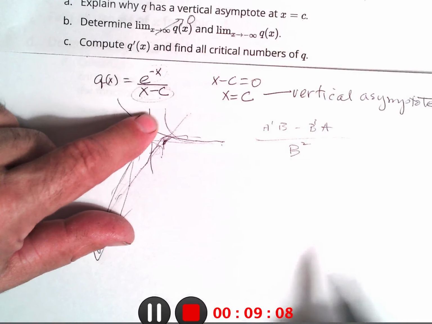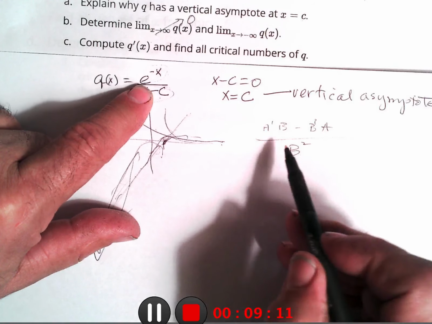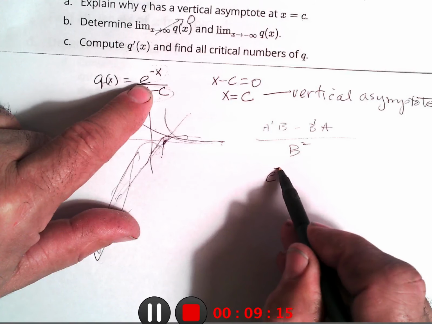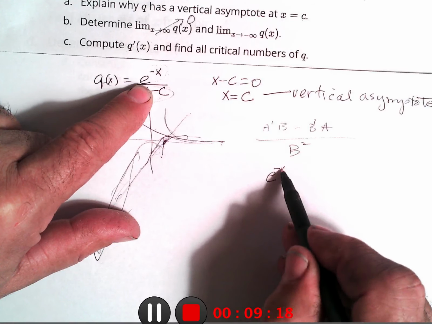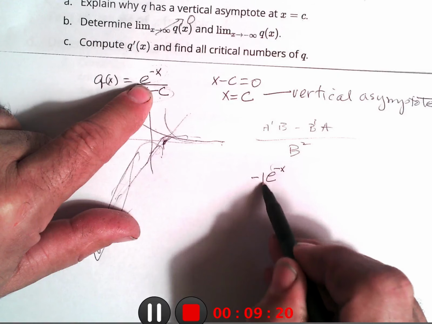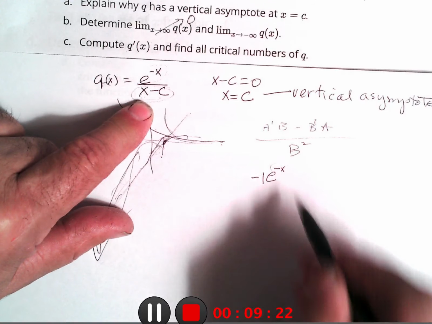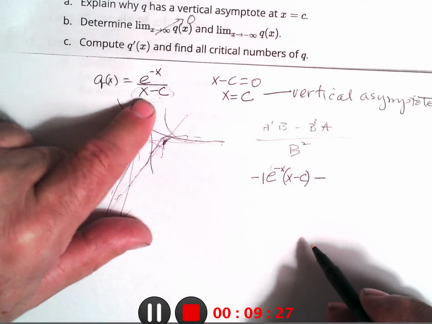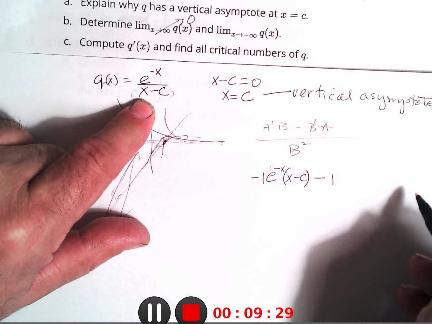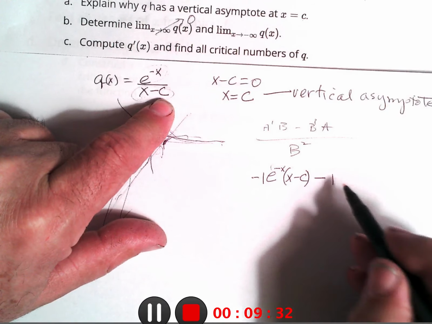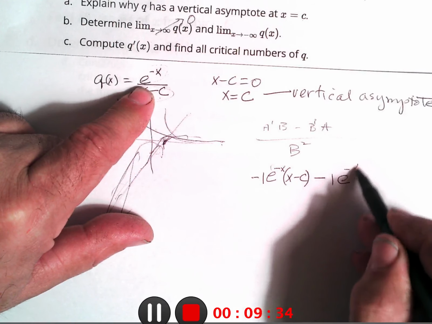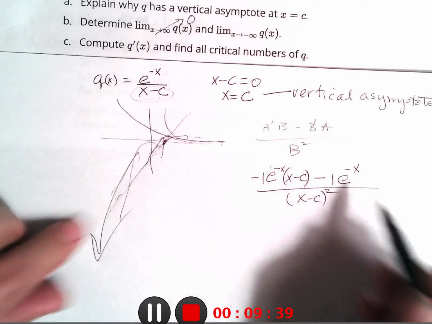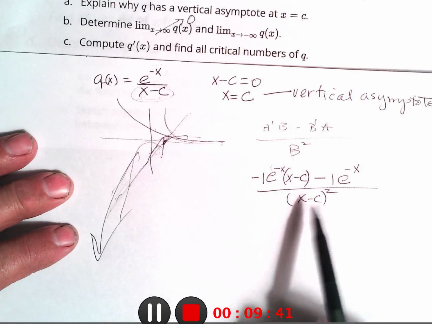The derivative of the numerator, derivative of e to the x is e to the negative x, is negative e to the negative x times the derivative over there, which is negative 1, times the denominator, minus the derivative of the denominator, which is 1, because derivative of the constant is 0, times the numerator, over the denominator squared. Okay, so this is squared.